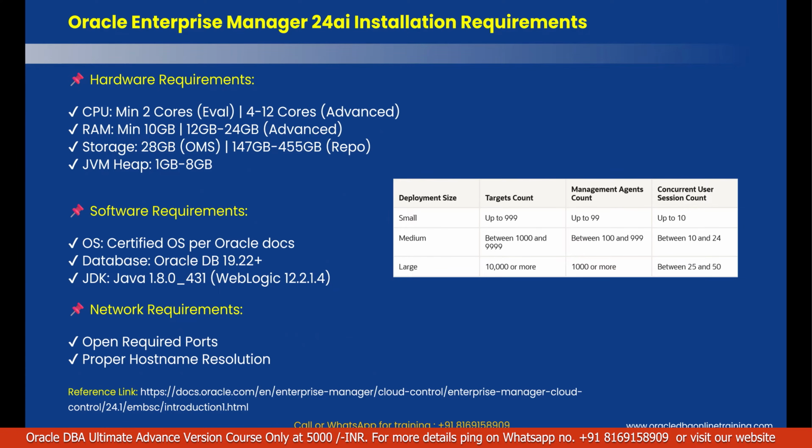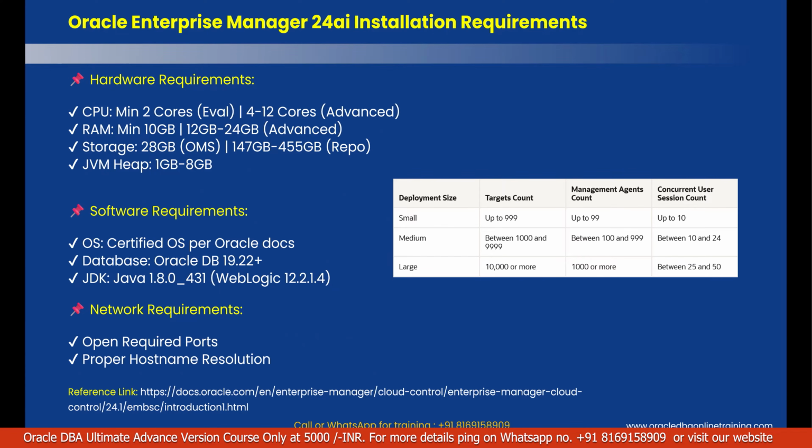If you want to go ahead with something slightly more advanced, you will require at least 4 to 12 cores. These are the minimum CPU requirements for the server where you are doing the OEM configuration. Apart from this, the minimum RAM needed for the installation is 10 GB.